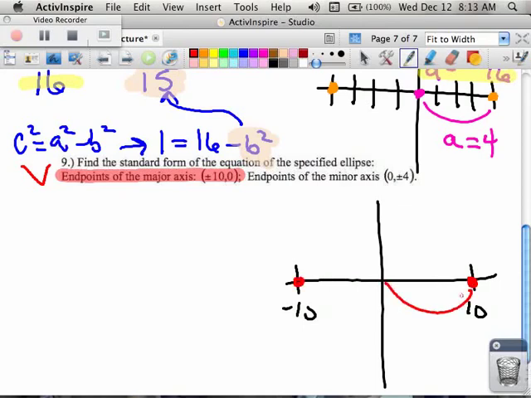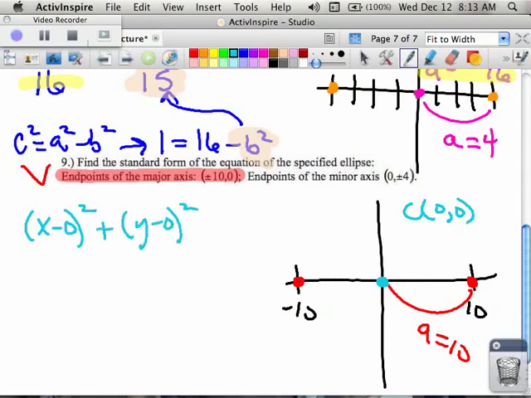That means that this distance, of course, is a, the 10. It also tells me that my center is at (0, 0), so I write that down so I don't forget. Or in other words, in my equation I'll have (x minus 0) squared plus (y minus 0) squared equals 1. Since I knew that my a was 10, if I square that, I get 100, and I put that under the x value because it's always in the x direction that the horizontal stuff is occurring.